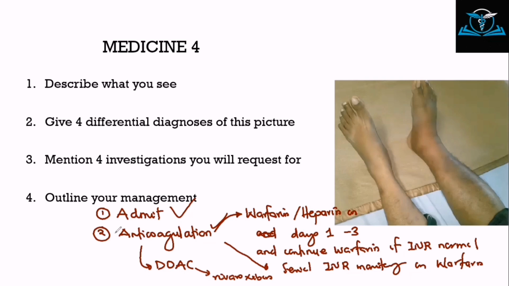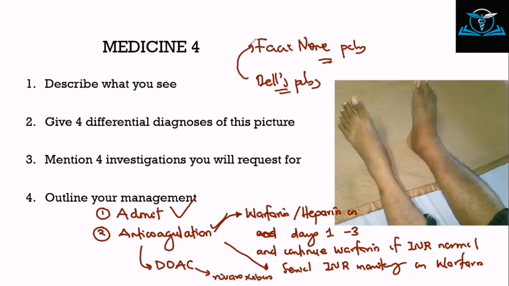I wanted to ask, what's the difference between Bell's palsy and facial nerve palsy? Facial nerve palsy can be caused by Bell's palsy. There are a lot of causes for facial nerve palsy, including stroke. So Bell's palsy is a type of facial nerve palsy. But if I have facial nerve palsy that is caused by poliomyelitis, it doesn't mean that poliomyelitis is Bell's palsy.